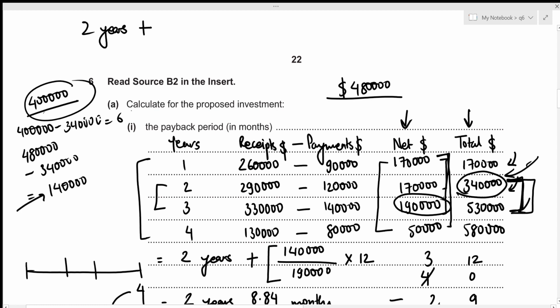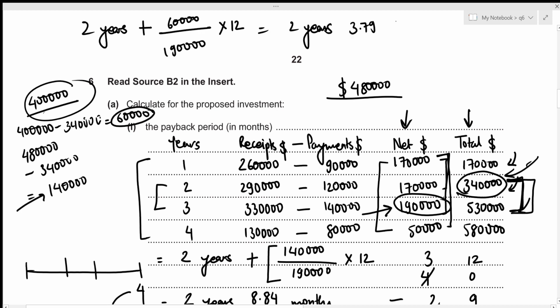So 60,000 is the return that we require in those months, right? And that is out of the total return of 190,000 for that particular year. So that's 60,000 divided by 190,000, and we need to multiply it by 12 in order to figure it out in months. And this gives us 2 years, and 60,000 divided by 190,000 times 12, which results in 3.79 months.